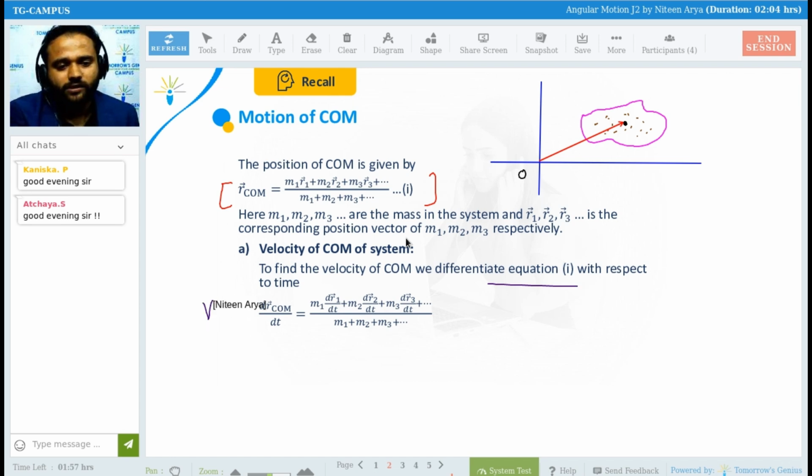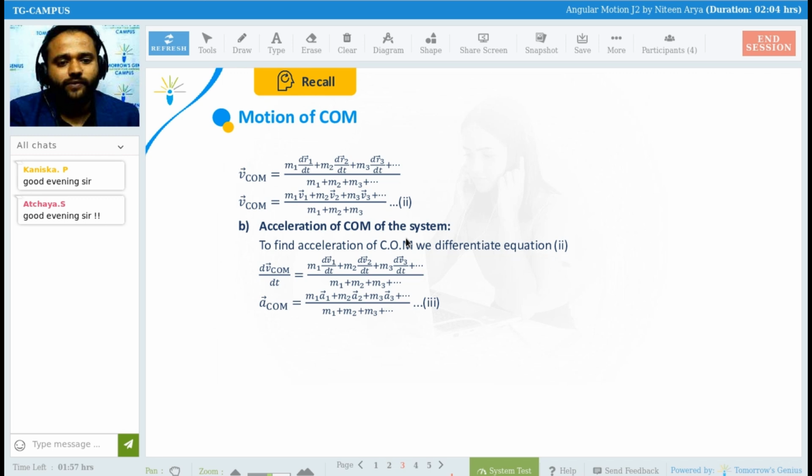So this is the velocity of center of mass in a simple sense: m1 v1 plus m2 v2 plus m3 v3, because dr1/dt is v1, dr2/dt is v2, dr3/dt is v3. That is v_com equals (m1 v1 + m2 v2 + m3 v3) divided by m1 + m2 + m3, the total mass. So this equation is important.